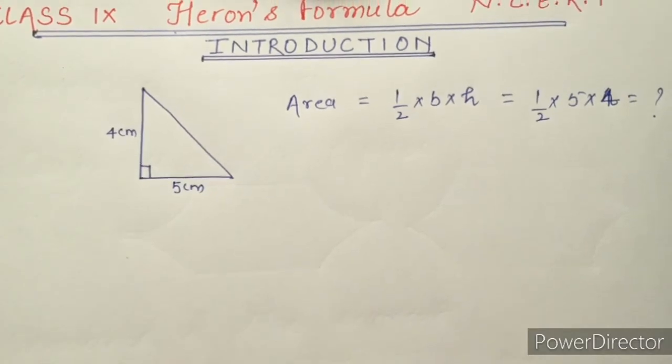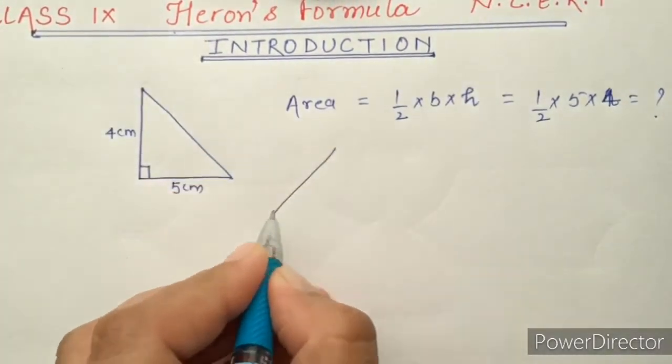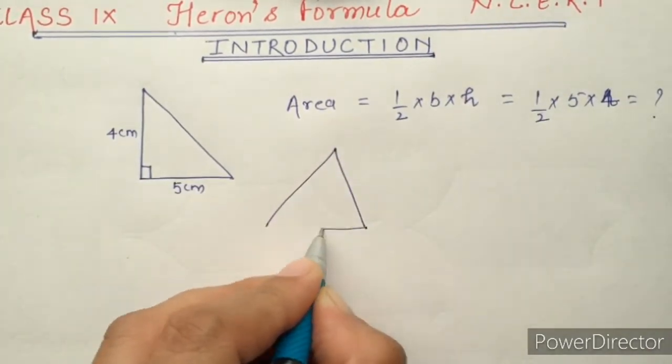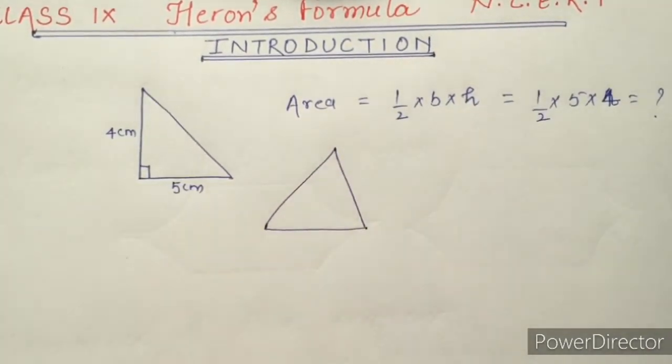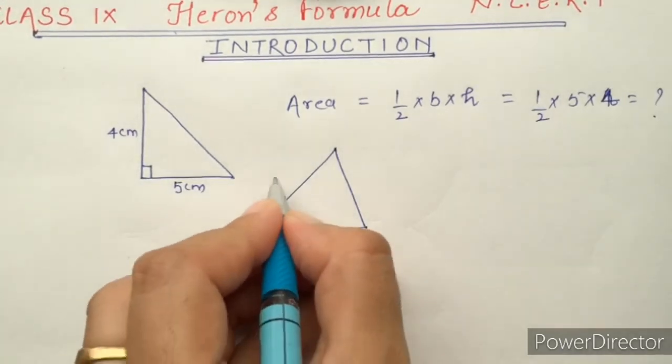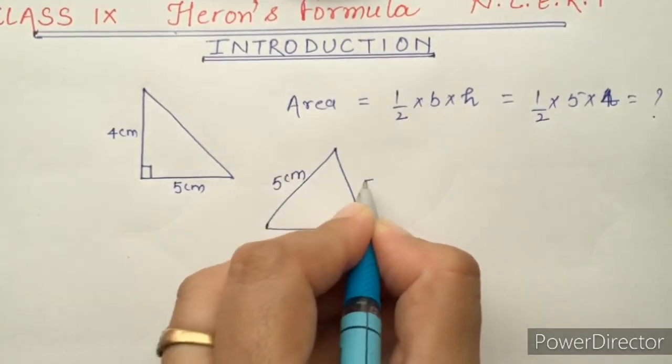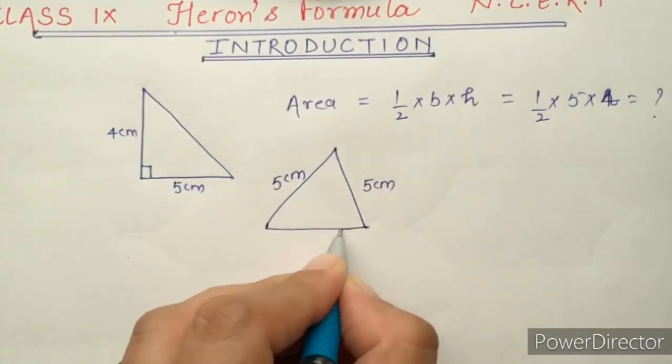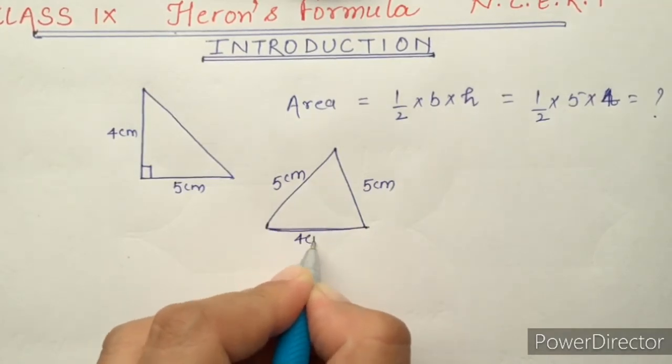Okay, what is new in this chapter then, students? Here, if I have to find the area of an isosceles triangle or a scalene triangle. An isosceles triangle means two sides are the same and the third side or base is different. Let us take this as 4 centimeter.